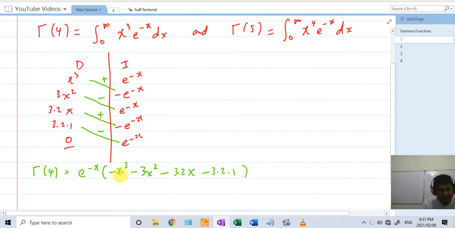Right, you can see you're starting off with negative x cubed minus 3x squared, so all the terms are negative, and we ended up with this, of course, from 0 to infinity.